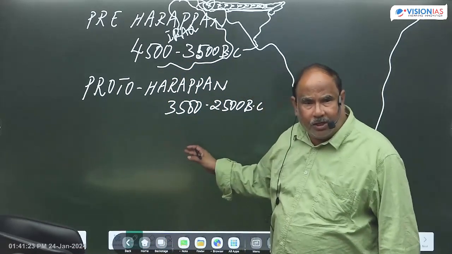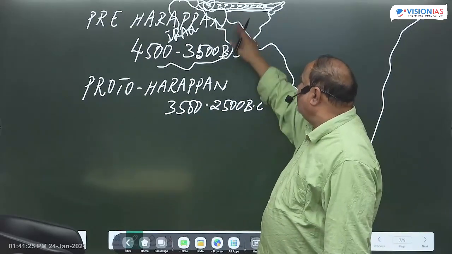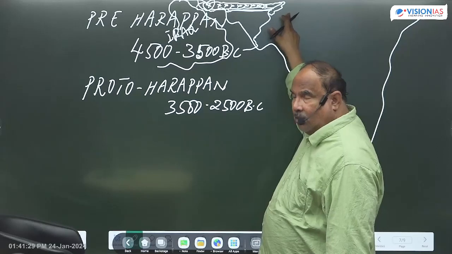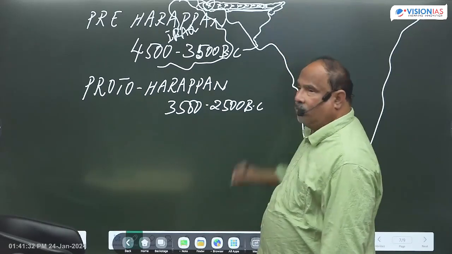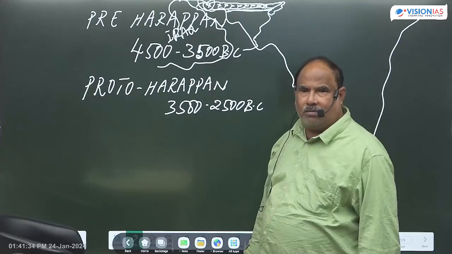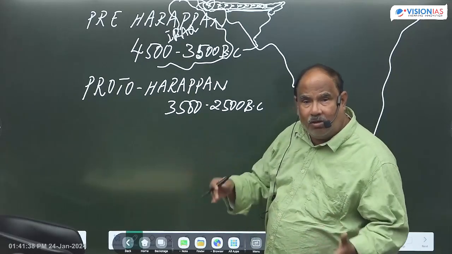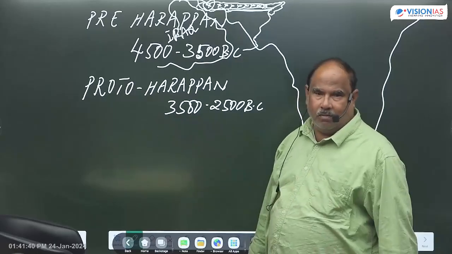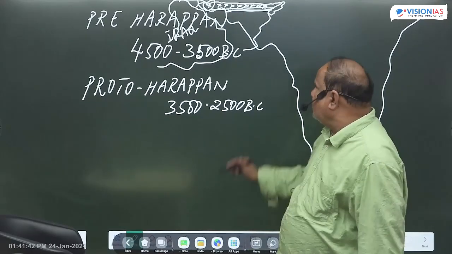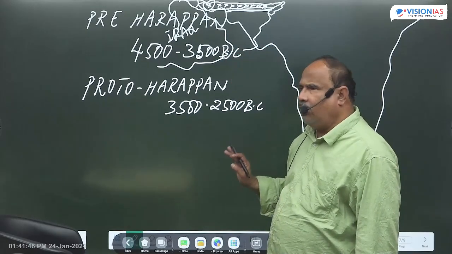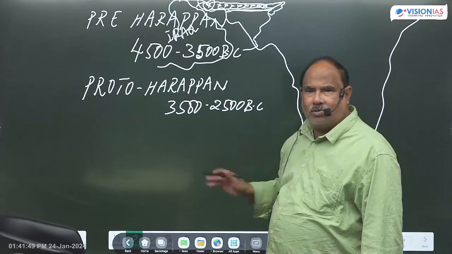During this stage, Baluchi cultures, instead of going further towards the east, entered into the southern part of Sindh. They entered into present Sindh part of Pakistan. Even today, my dear, it is very fertile land, alluvial soil.